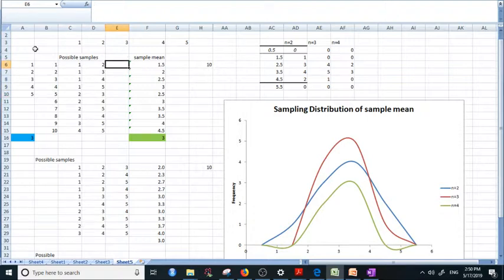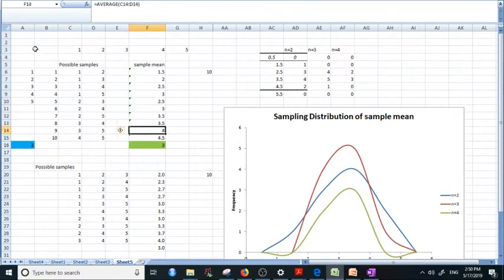So if we calculate the sample mean in all these 10 possible cases, the mean of the sample means equals 3, which is the population mean here. So the mean of the sample mean is equal to the population mean, which satisfies the criterion of unbiasedness.